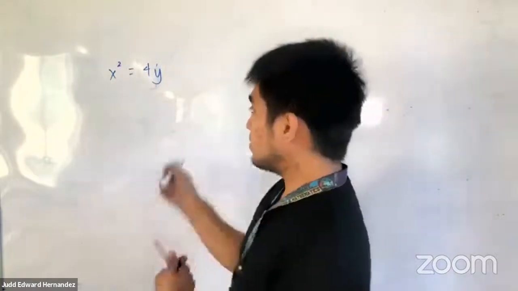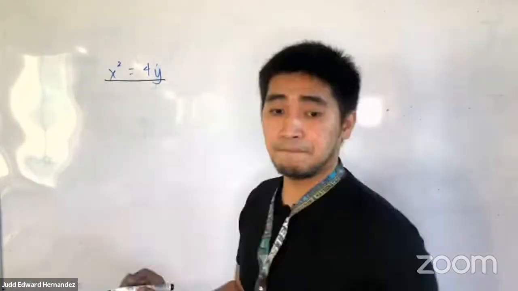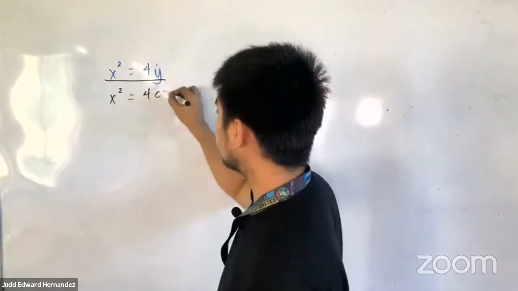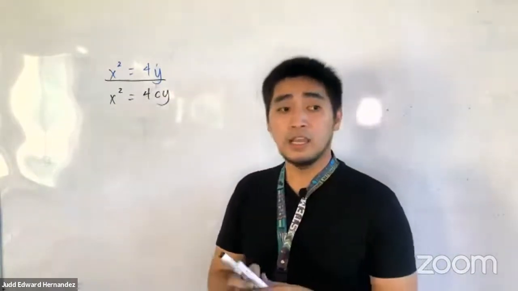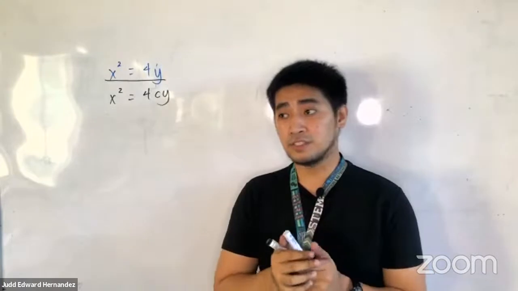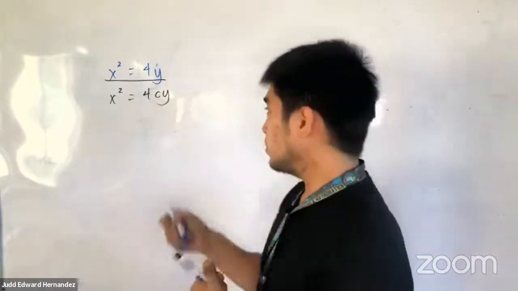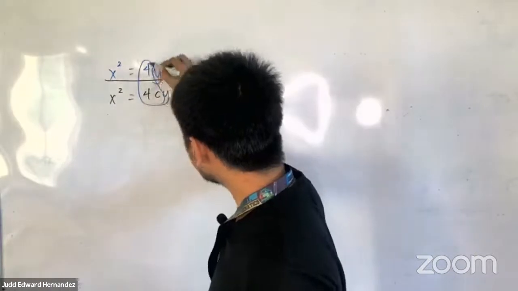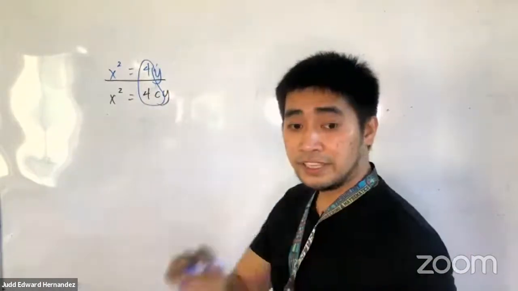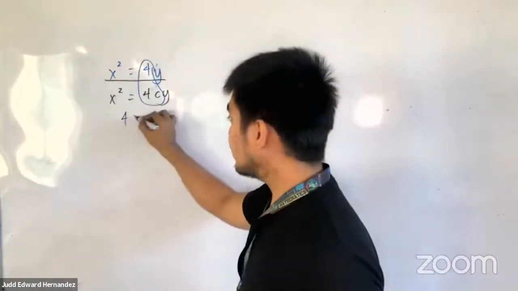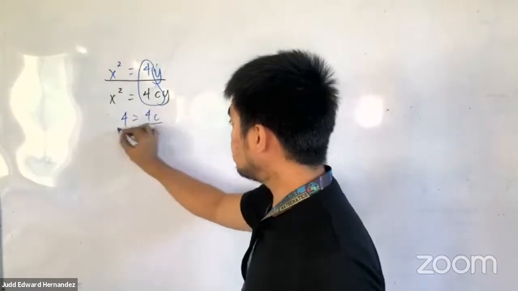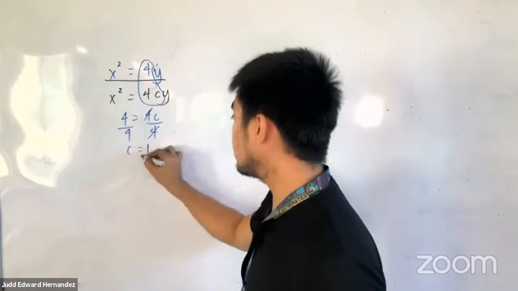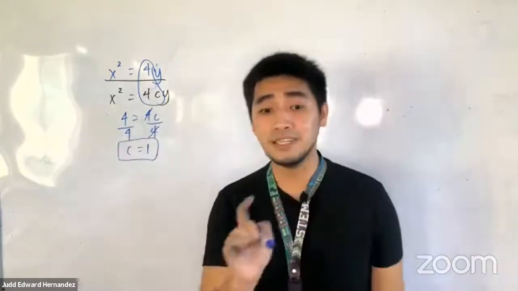If you notice, we have here x squared. Our formula for x squared is equal to 4cy. Okay, so how do we compute for the value of c? To compute for the value of c, we just match them: 4 and 4c. Therefore, they are just equal. 4 is equal to 4c. Divide both sides by 4, therefore c is equal to 1. We got it, c is equal to 1.